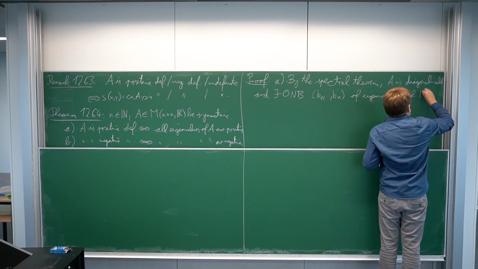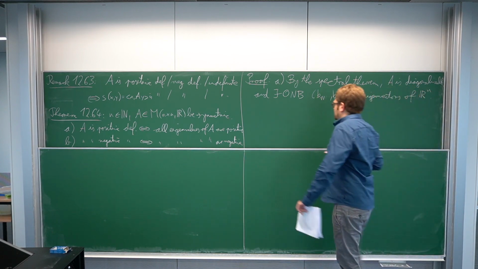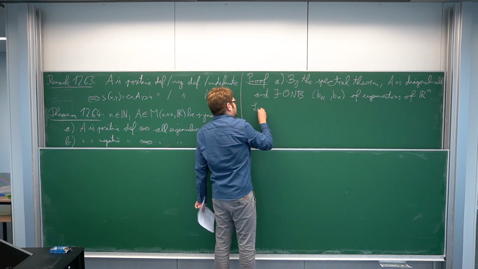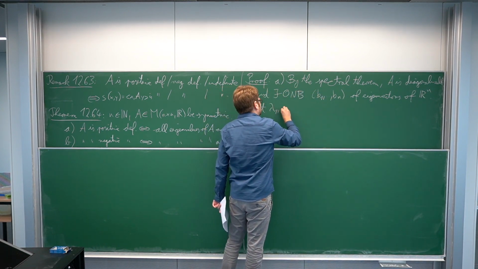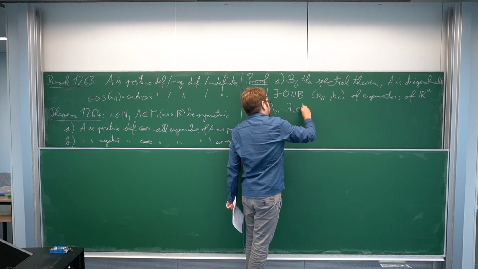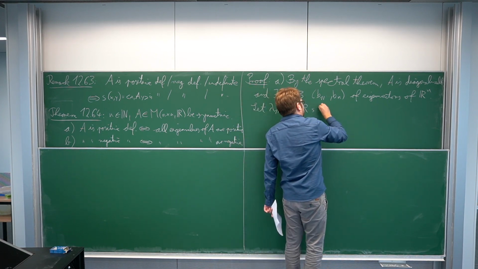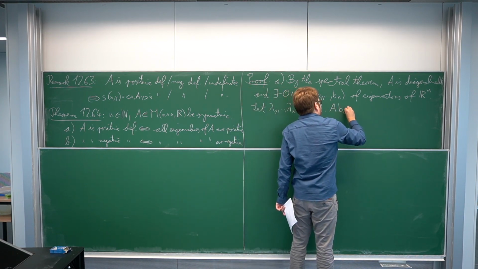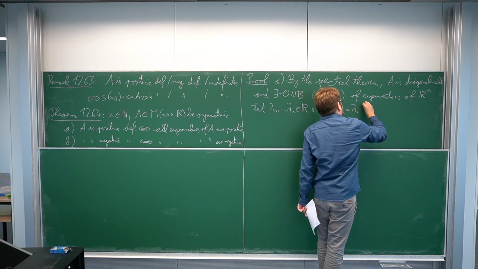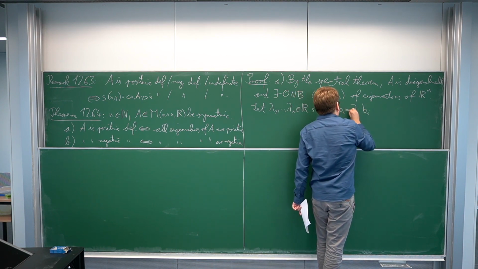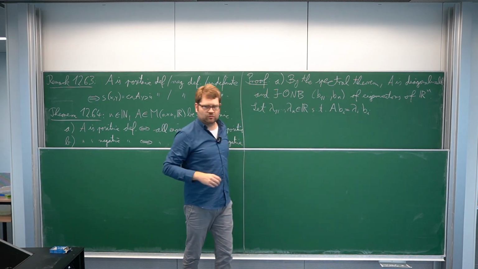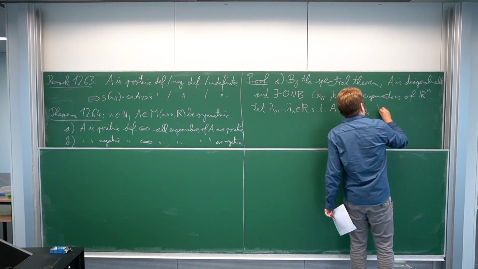Okay, let us introduce notation for the eigenvalues that belong to these. Let lambda 1 to lambda n be real numbers such that A times bi is lambda i times bi. Of course, some of these values of lambda i might coincide, such that this holds for all i.